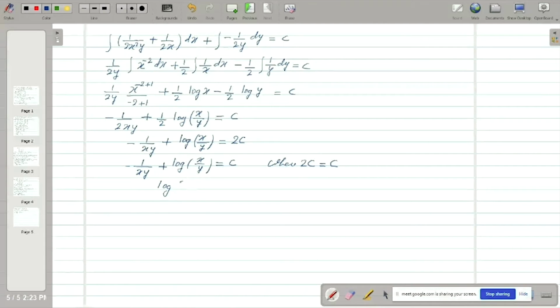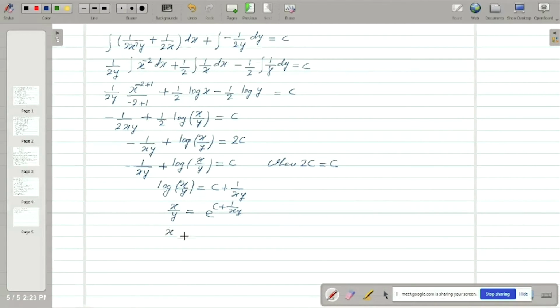So this equals log of x by y equal to C plus 1 upon xy. So x upon y becomes e raised to C plus 1 upon xy.